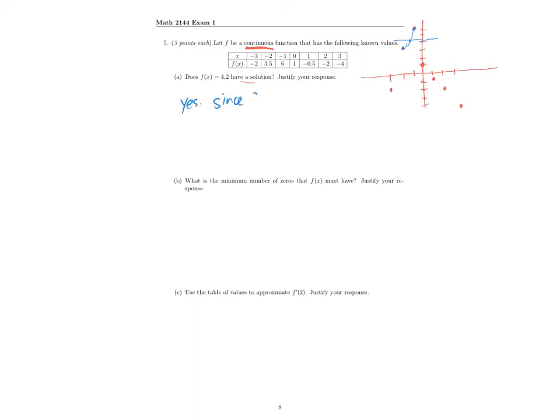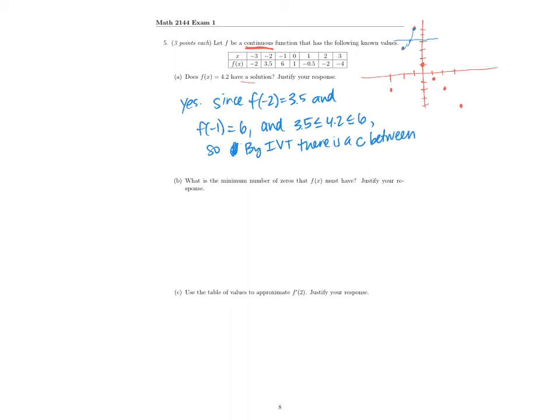So we can say since f of -2 is equal to 3.5 and f of -1 is equal to 6, and 3.5 is less than or equal to 4.2 is less than or equal to 6, there is a c between those two x values, -2 and -1, such that f of c is equal to 4.2.